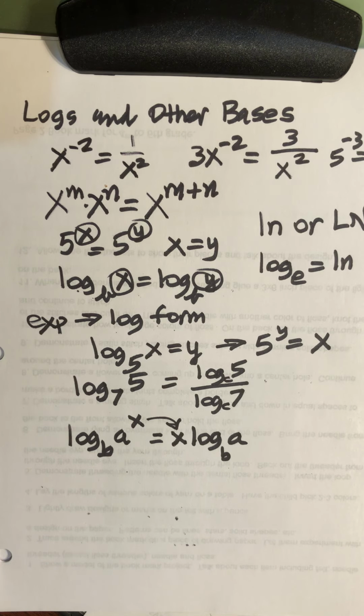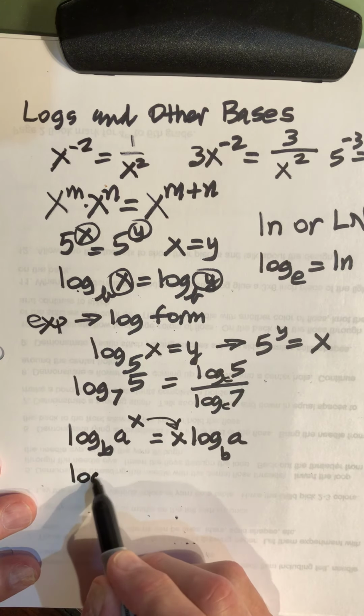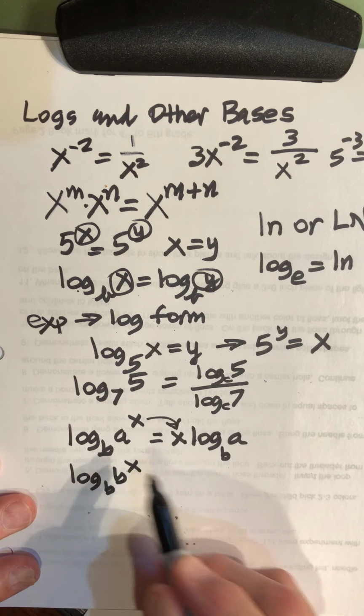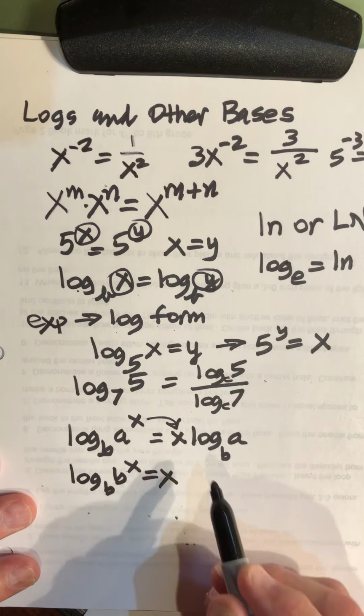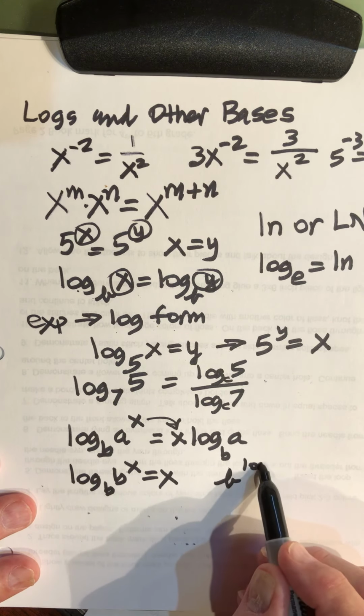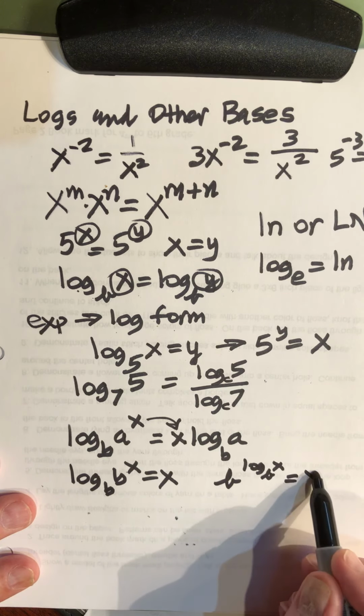Okay, well that pretty well covers that part. Now there were two other little things that I've skipped on that chart that we're going to talk about today. And that is log base b of b to the x equals x, and b to the log base b of x equals x.